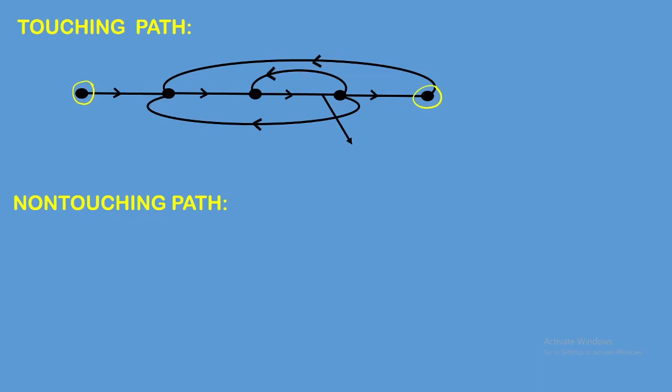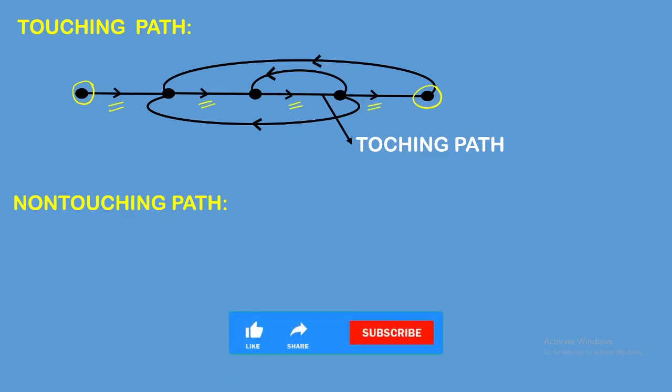Only that is called the touching path. It travels only according to the arrows, and in another way we already defined it as the forward path. It touches all the nodes, so we call it the touching path here.